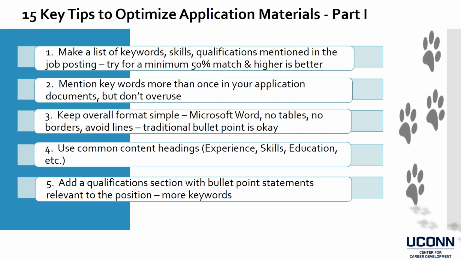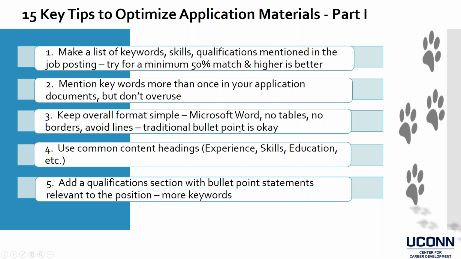You want to keep your overall format simple. Students will often say to me, oh, this is my boring version of my resume or CV that I'm uploading. You want to keep the font simple, use Microsoft Word, no tables, no borders, avoid lines, and use a traditional bullet point, not something more fancy.